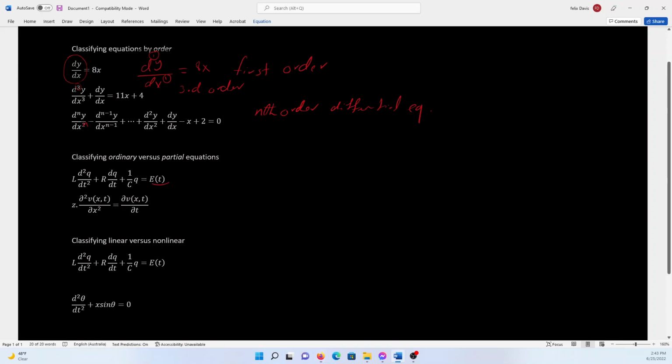E(t) is the electromotive force, and the charge Q(t), Q is a function of t, is basically the charge in a circuit, and this is the whole equation that defines the electromotive force. We call that an ordinary differential equation because Q is only a function of t.